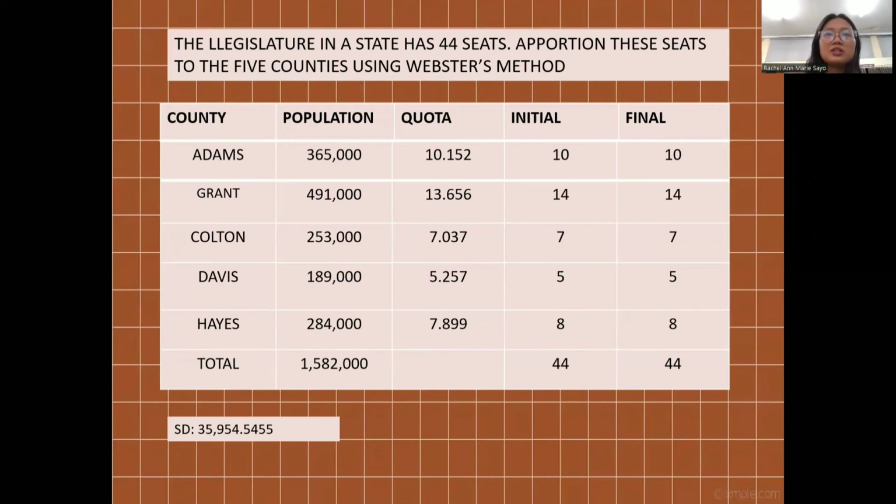In our initials, for Adams we have 10, Grant 14, Colton 7, Davis 5, Hayes 8, a total of 44. And we can see on the other side that the final result is proportional, it is balanced, it is the same. So these are the apportioned seats of the five counties using Webster's method.